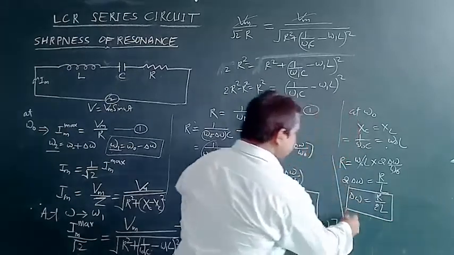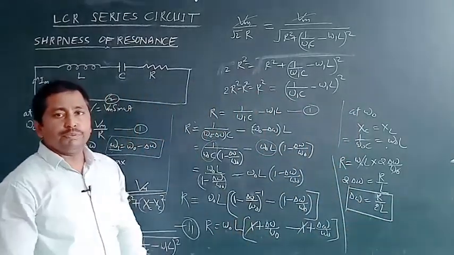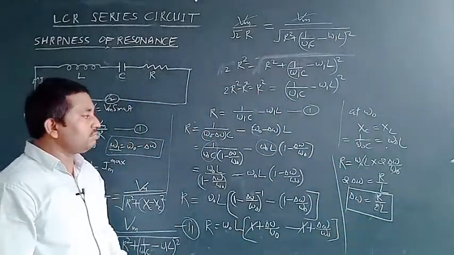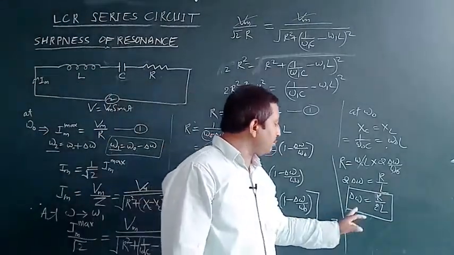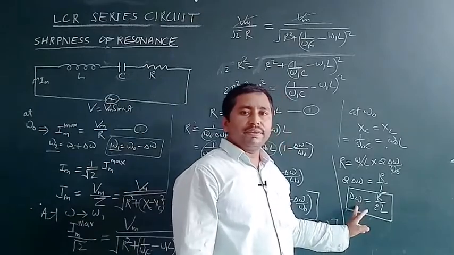So we get the value of delta omega which we wanted to calculate in terms of R, L and C. So from here we can easily obtain the formula for delta omega.